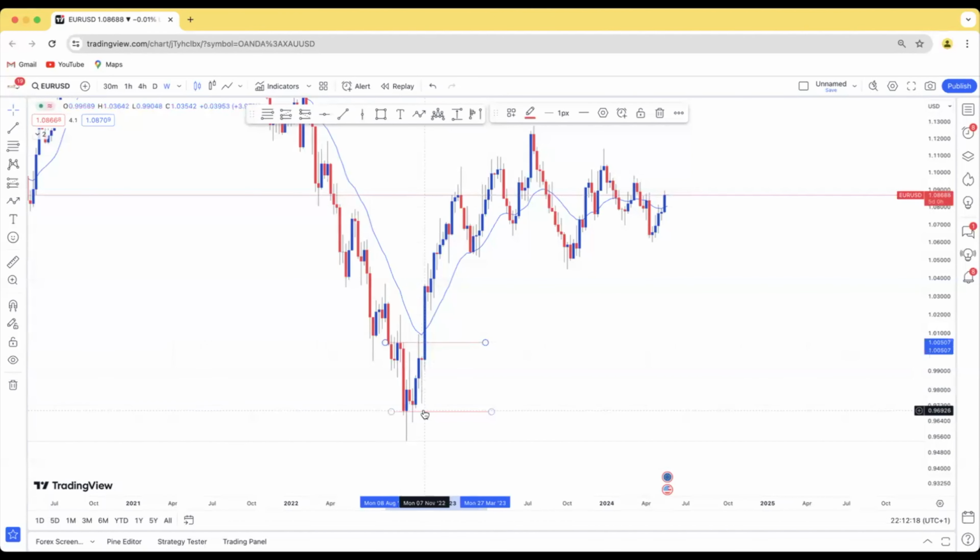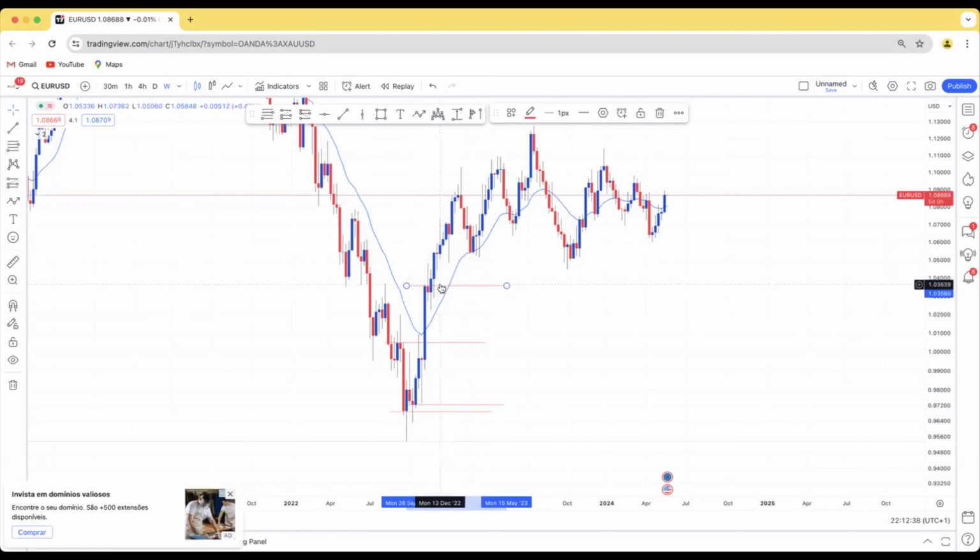So from this low point here, we now had this impulsive move that gave us what? This high here first, because we saw that price found minor resistance somewhere around here. From this low point, from this candlestick here, we saw that price pushed impulsively to this level and to this level accordingly.